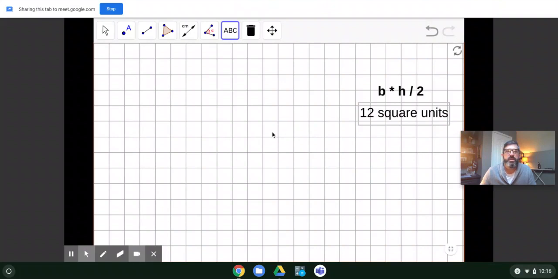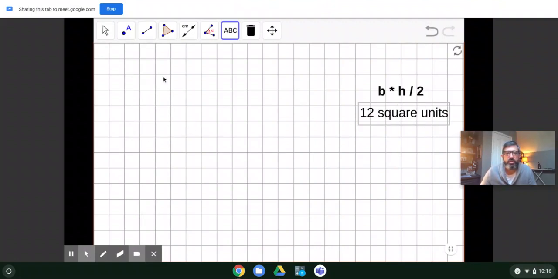So we need to draw a triangle with a base of something that will multiply times the height to give us 24 square units. And then we'll divide that by 2 to get to the 12. So let's do an example.